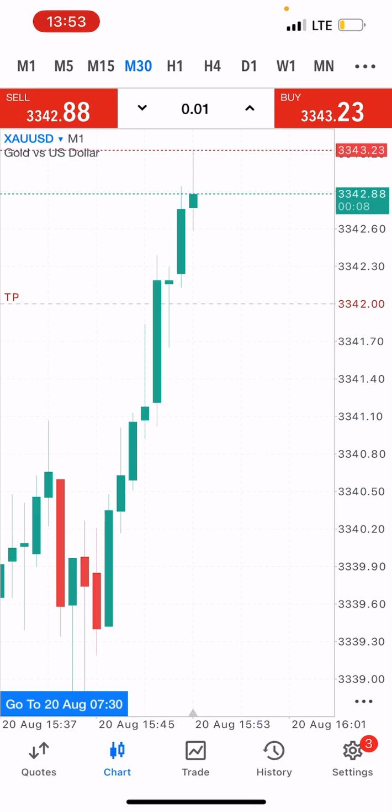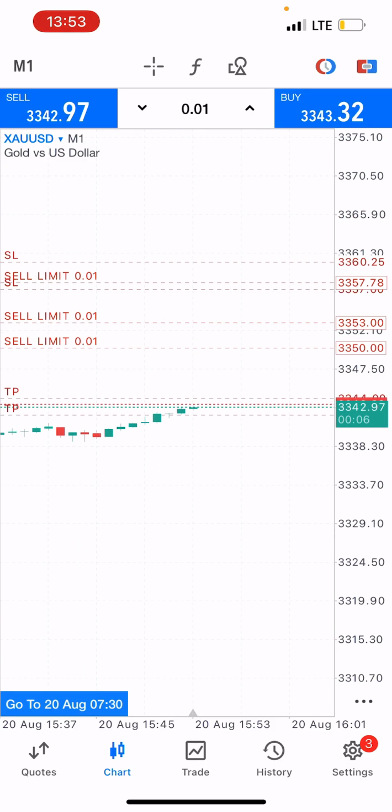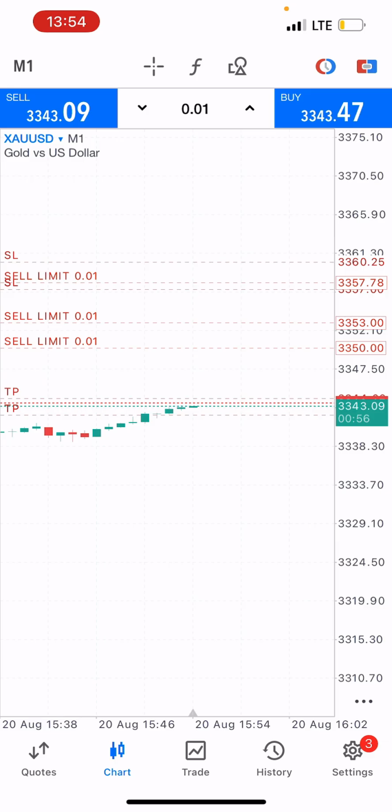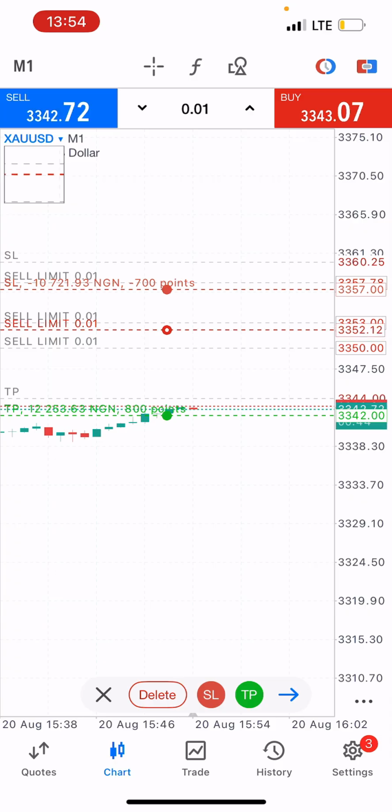So now let me put this in my time frame so you understand. When I said in sell, it comes from up down, and buy comes from down up. Since I'm given these two entries, you will see why it is very advisable to pick the first entry or put it in between, like if it's 3350 to 3353, you can just put it at 3352.